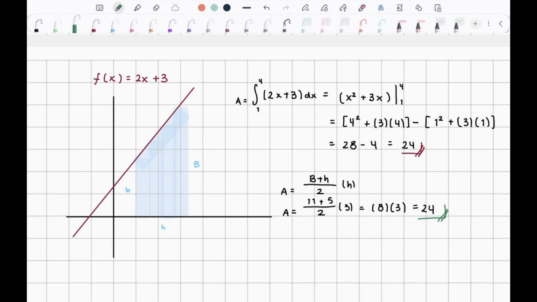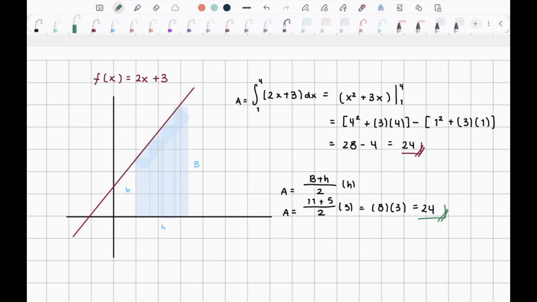The integral of 2x is x squared and the integral of 3 is 3x. And then we have to evaluate the limits of integration, which go from 1 to 4. 4 for the upper limit and 1 for the lower limit.